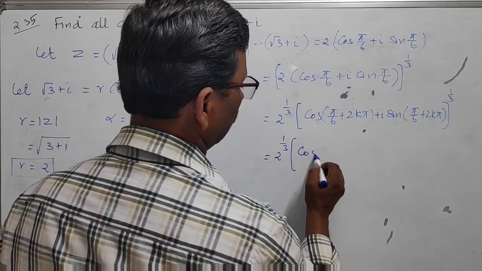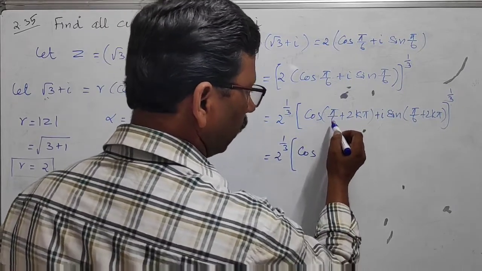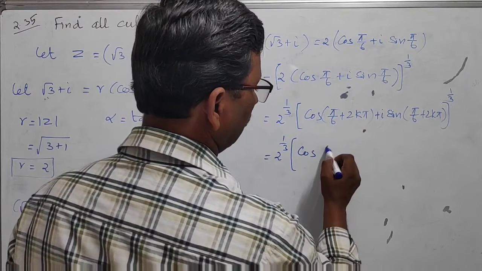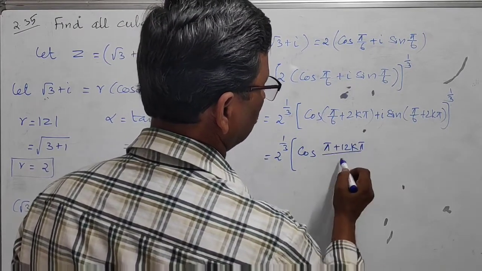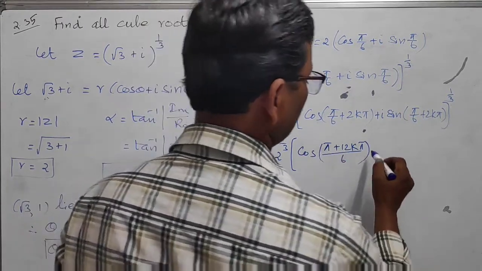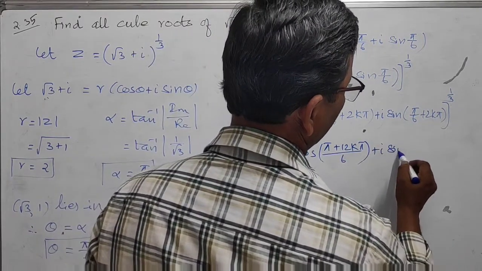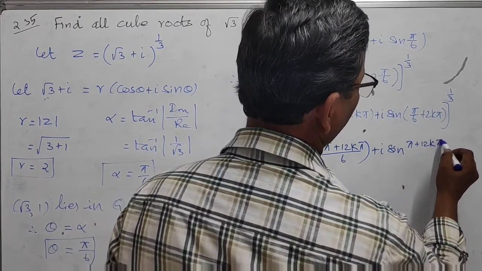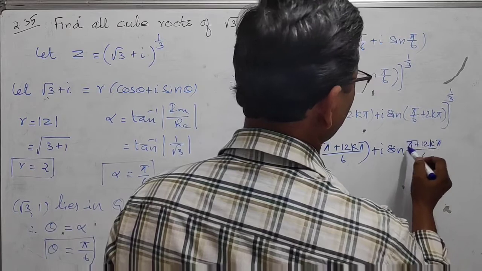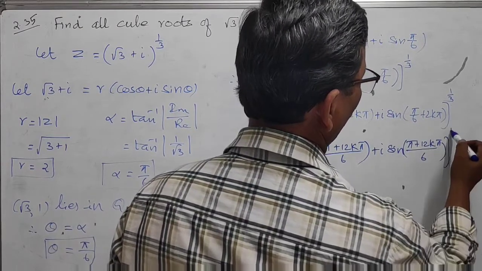You can write cos of (pi plus 12k pi) by 6 plus i sin, again the same thing, (pi plus 12k pi) by 6, now whole power 1 by 3.